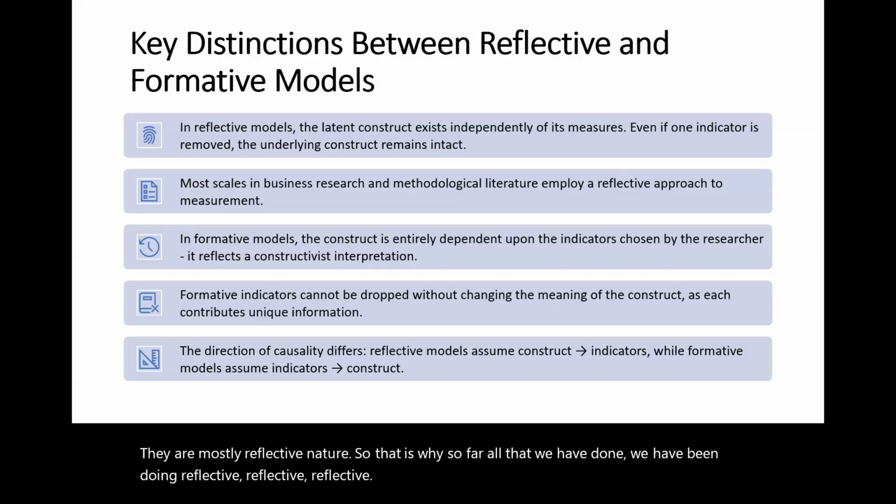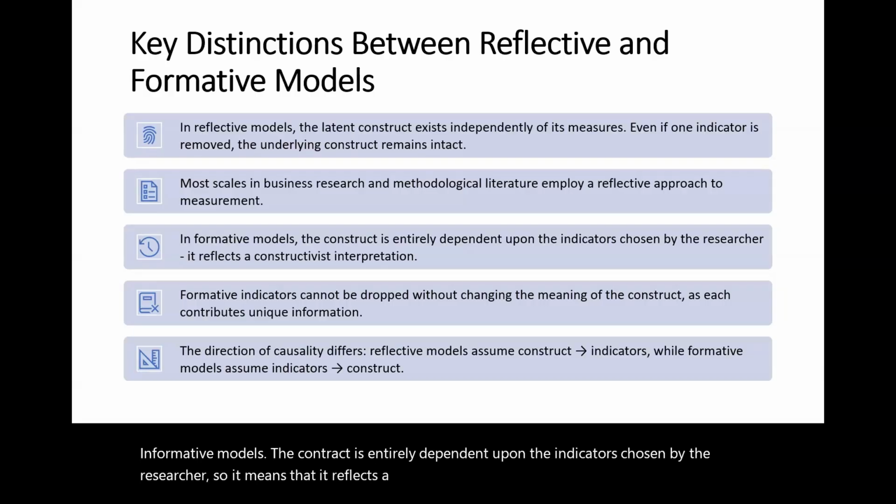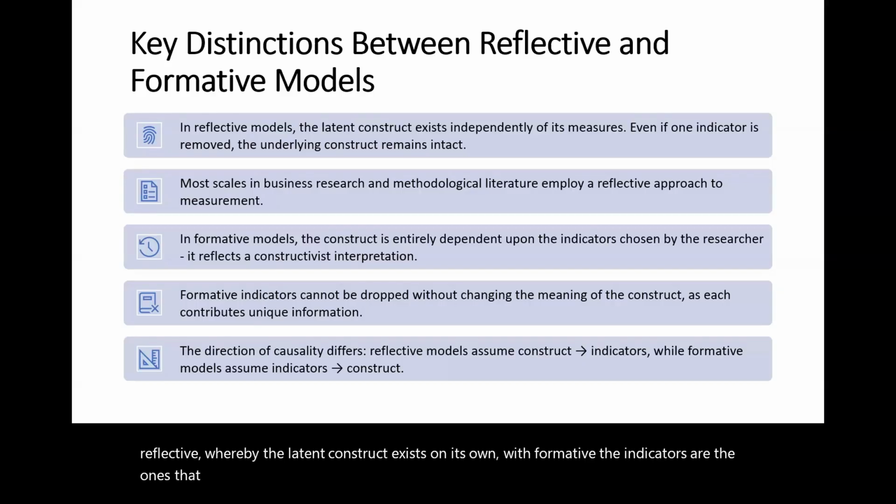In formative models, the construct is entirely dependent upon the indicators chosen by the researcher. So it means that it reflects a constructive interpretation, all right? So unlike the reflective, whereby the latent construct exists on its own, with formative, the indicators are the ones that come together to make the formative model or the latent construct exist, all right?